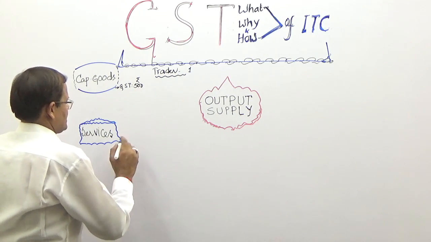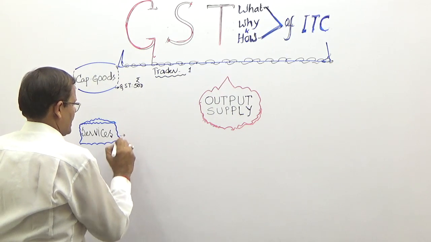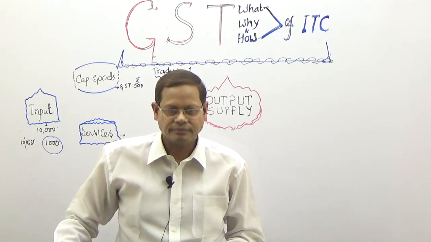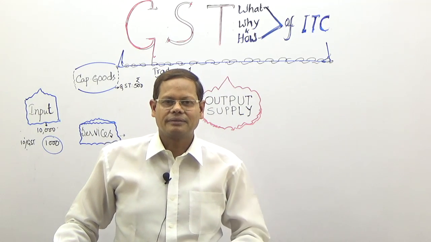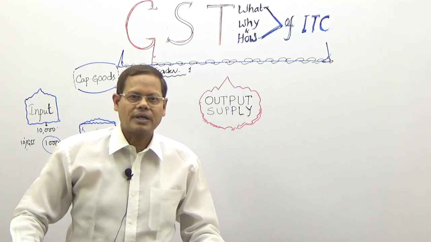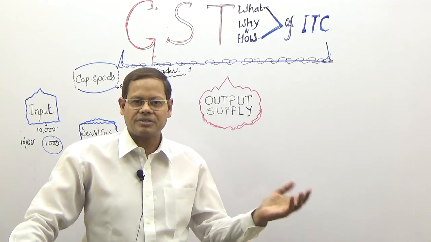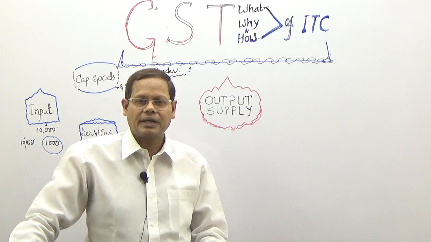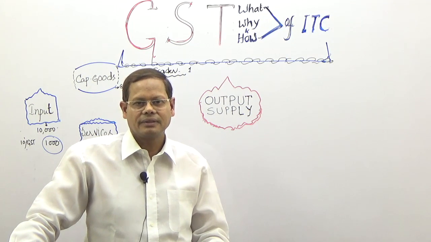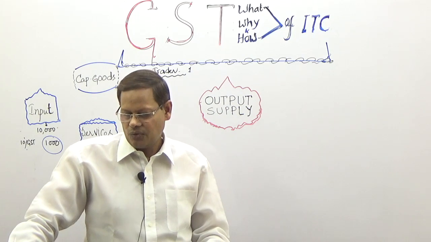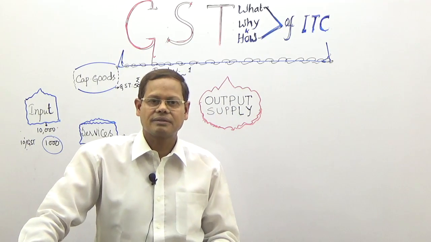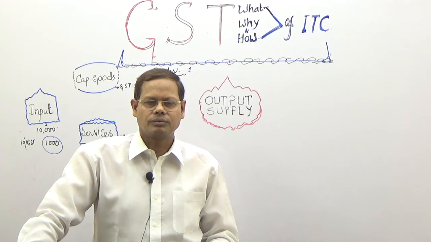And services. He is also taking services because nowadays without services there is nothing. You know that. So obviously, all types of services, maybe the services of an auditor, chartered accountant services, where he has to pay tax, or accountant services, courier services, transportation services, and so on and so forth.